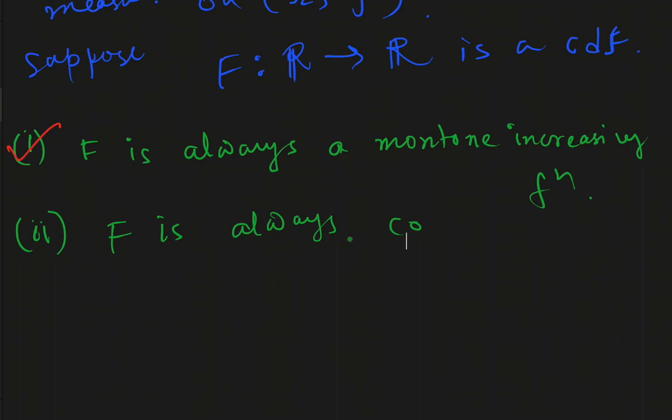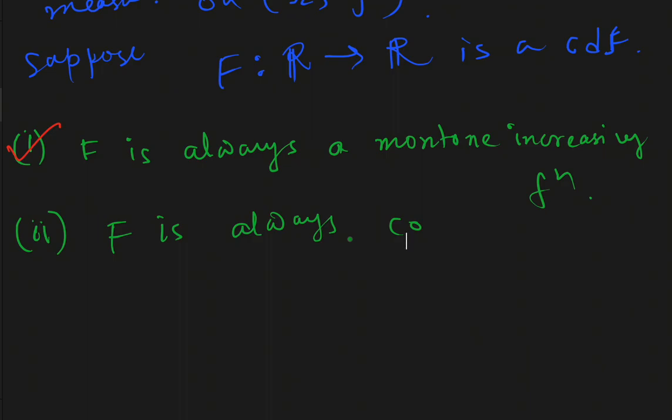Yeah, that's a question. For me, monotone increasing means always increasing, and strictly increasing means also the same. Okay, strictly means only greater than.